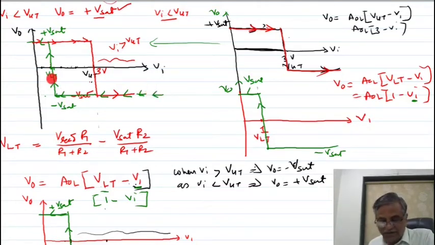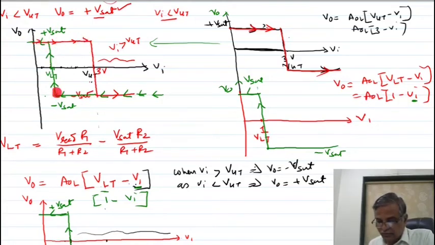That voltage level I am writing as VUT. Suppose I write 1 volt for this level. Then as your input decreases from a higher voltage, up to 1 volt you will get minus. When the input voltage is less than VLT, immediately it becomes plus. So this is a regenerative transition.